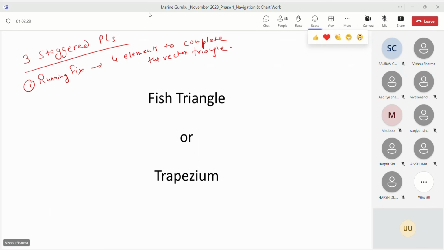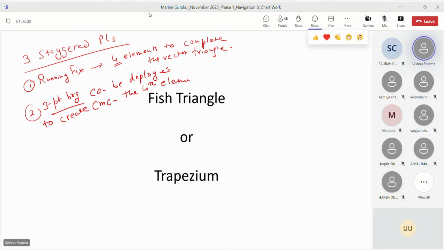If running fix is failing because 4 elements are not given, maybe 3 are given, then you will see if 3-point bearing can be deployed to create the 4th element, create CMG, the 4th element.